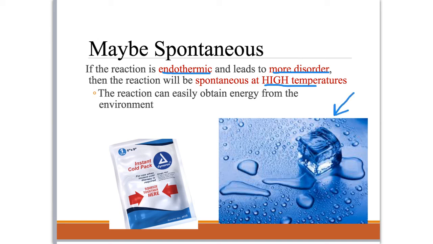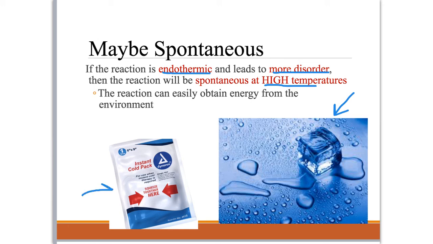The ice cube is solid, going into water is going to provide more disorder so that there'll be more entropy in the product, but you have to put heat energy into that ice cube in order to get it to melt because it is an endothermic reaction. It needs energy to have it happen. So it has to be in a warm room. We're not going to get the ice cube melting in the freezer. It has to be melting out at higher temperatures.